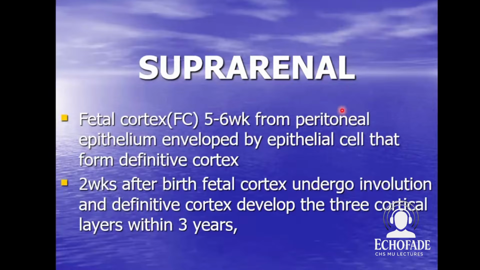We have what we call the fetal cortex, which developed very early as epithelial cells. They form something like epithelial cells. So this fetal cortex will be surrounded by a cluster of other cells.